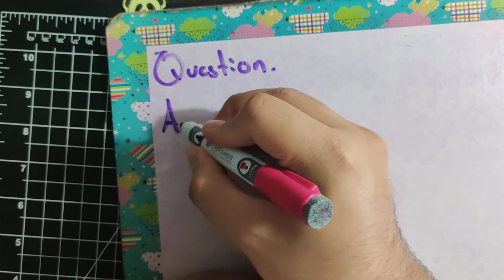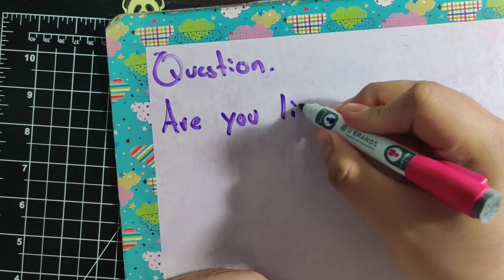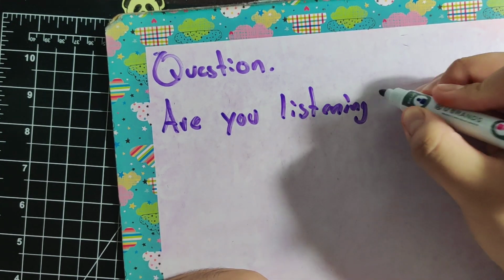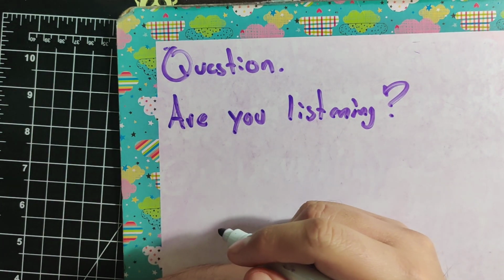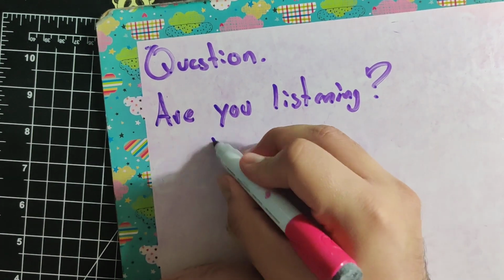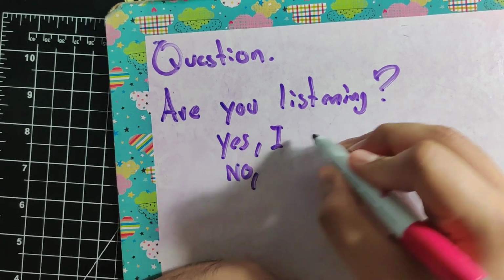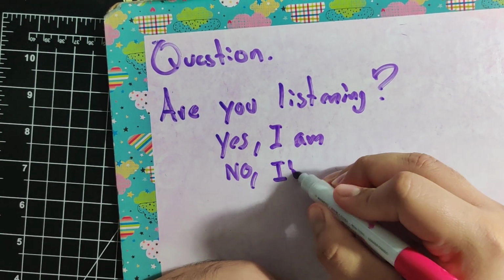For example, are you listening? Are you listening? And this is simple. This is present continuous. And you respond with a simple yes or no. I am or I'm not.